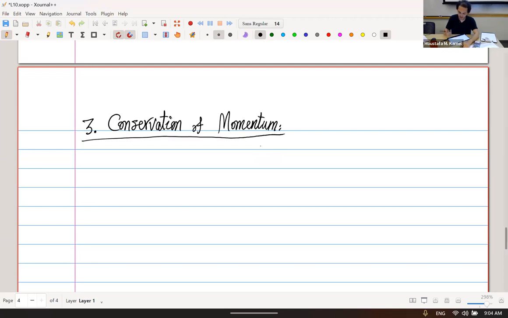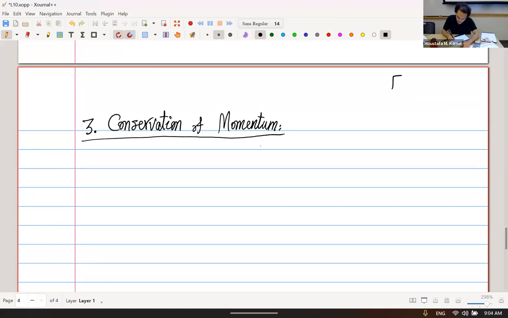I guess this is number 3. Conservation of momentum.